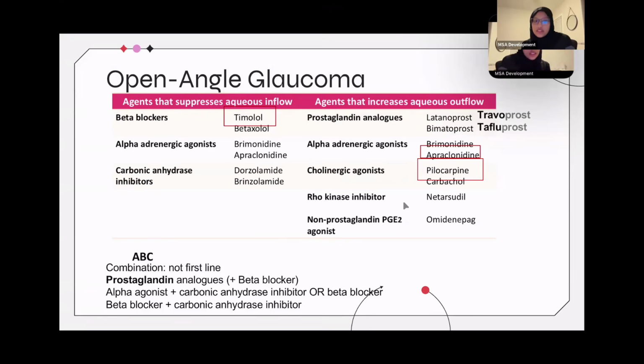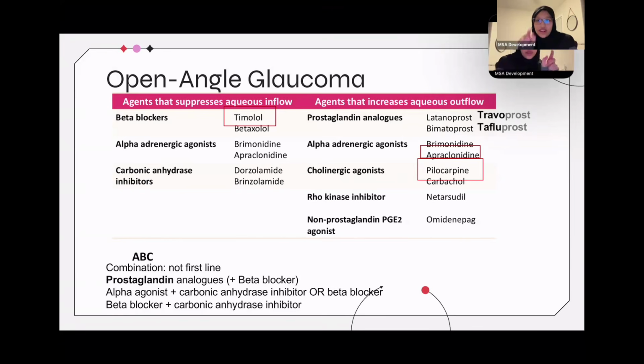So these are all the agents, but you can remember them. Suppressing is by blockers, so ABC: alpha agonists, beta blockers, and carbonic anhydrase inhibitors. Alpha agonists are in a way blockers, because these are alpha 2 agonists. Do you remember from first year that alpha 2 inhibits its own signal?